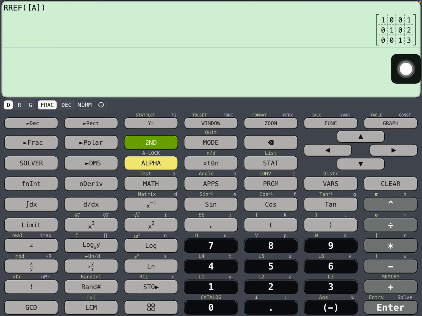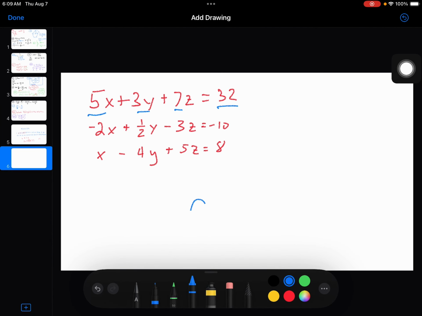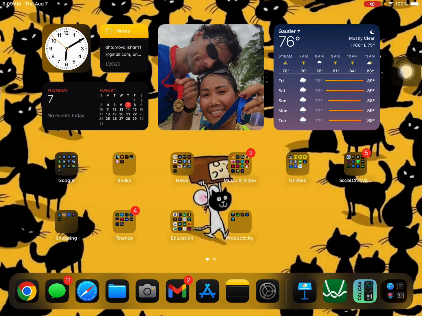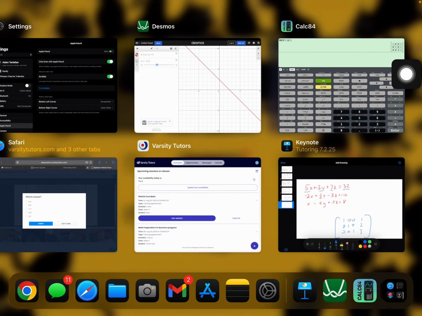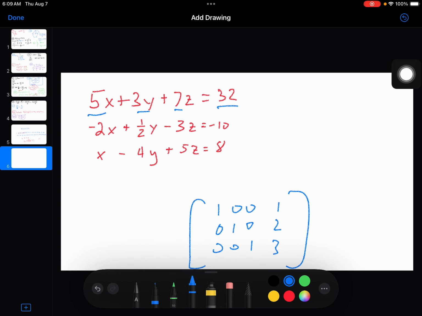So that readout looks like 1, 0, 0, 1, 0, 1, 0, 2, 0, 0, 1, 3. What that means is, here's our x, here's our y, here's our z, here's our value.